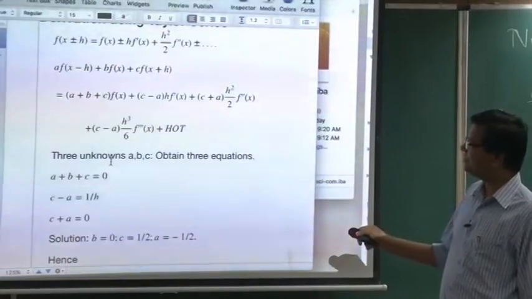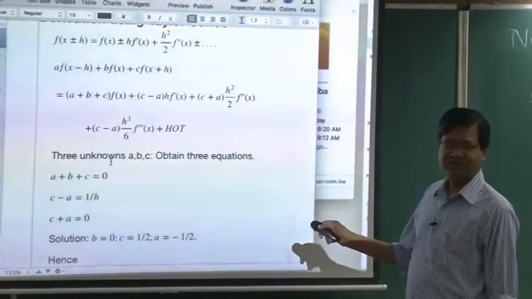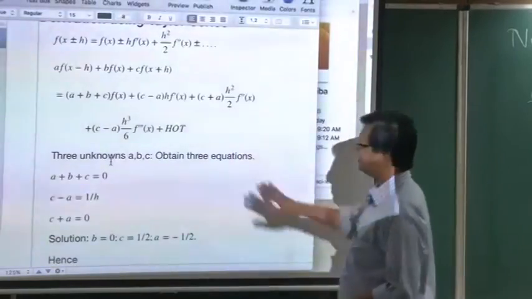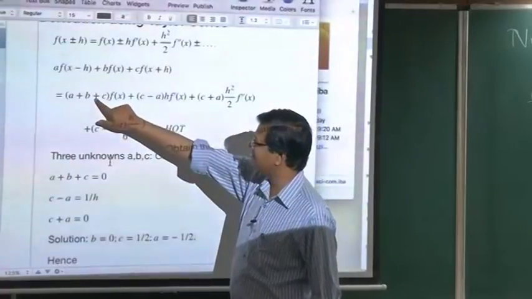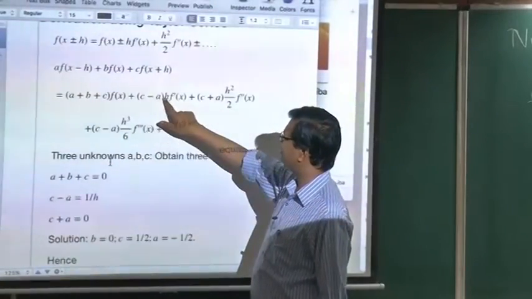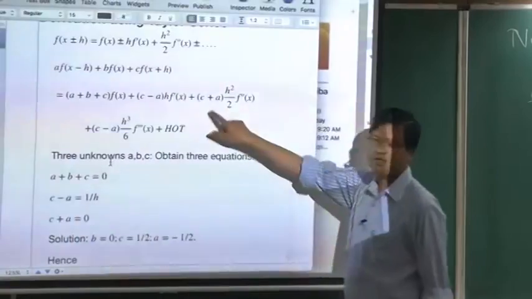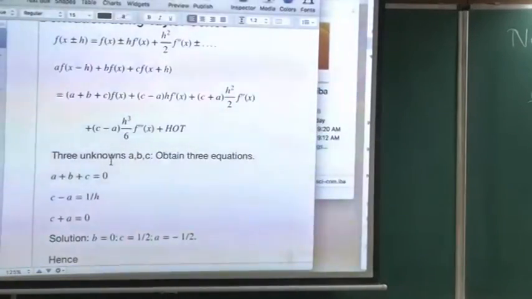I will get f prime x, ignore this term. If I delete this, I equate this to this. So, set this to 0, this equal to 1 by h. So, this becomes 1 and this is 0. I get a formula for f prime x. These three expressions will give you the values of the coefficients a, b, c. So, b is 0, c is half and a is minus half. That is the central difference scheme.